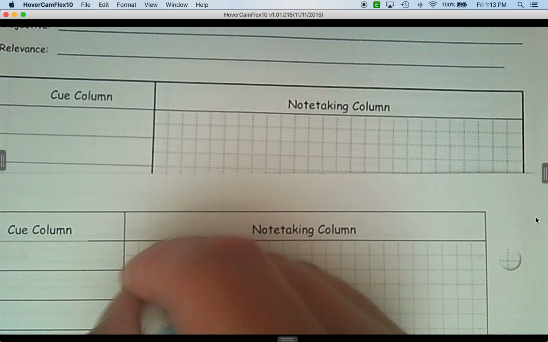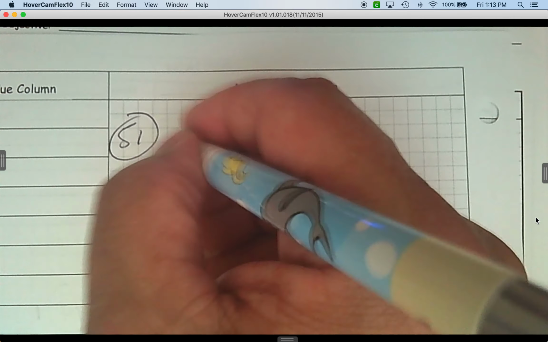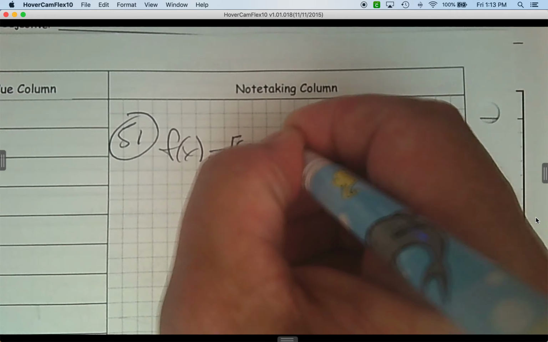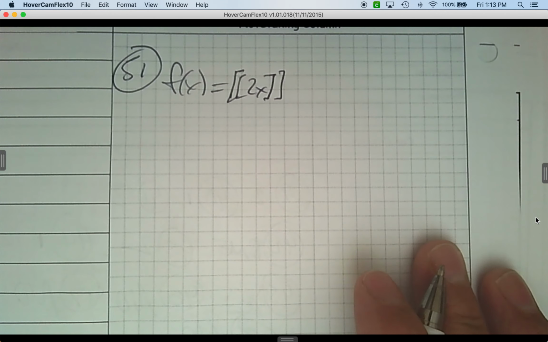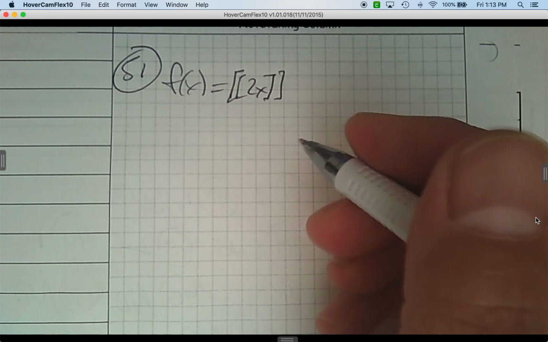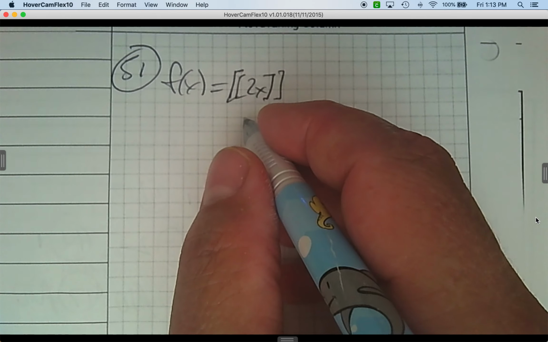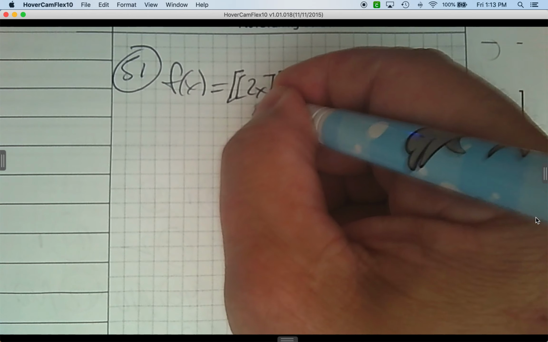51. Oh, my favorite, the step function. 2x. So for the step function at 2x, if I look at it, what makes that an integer?